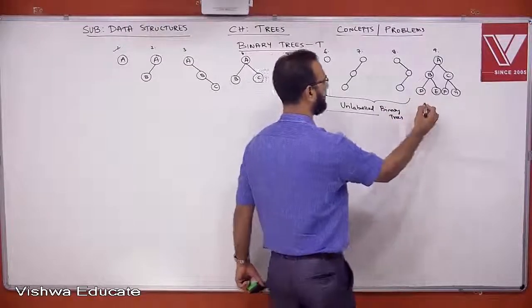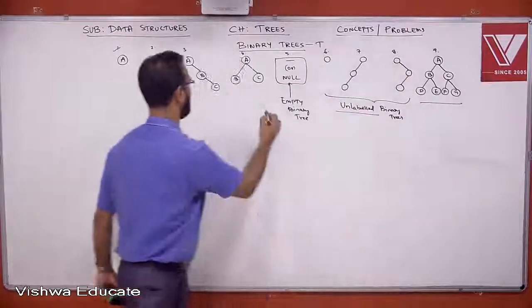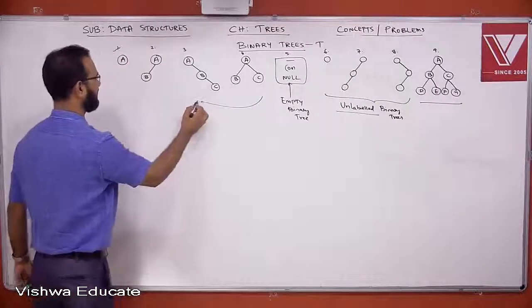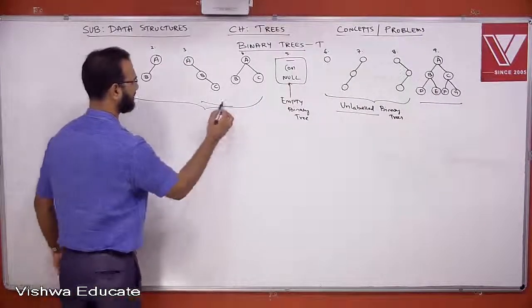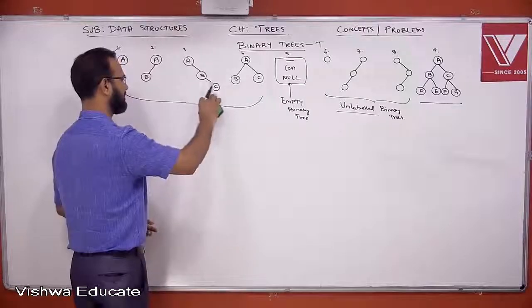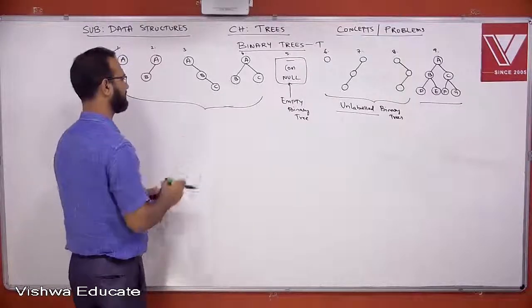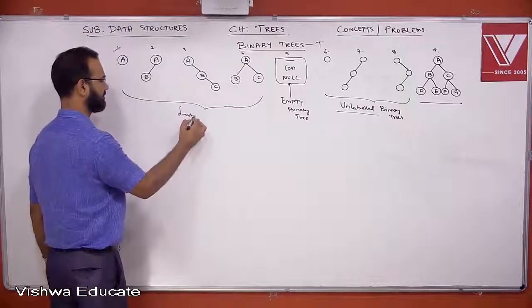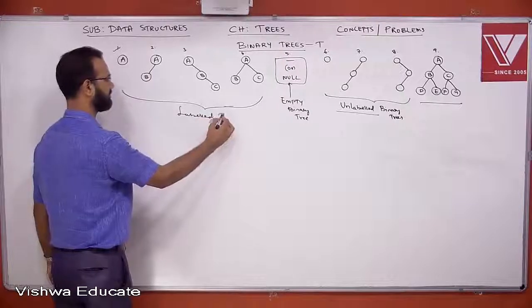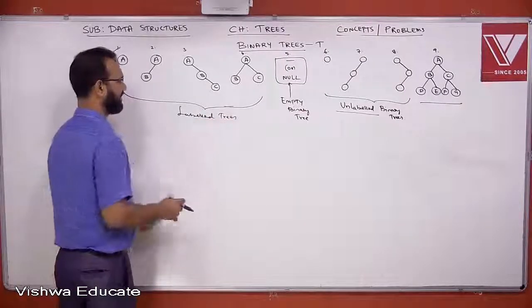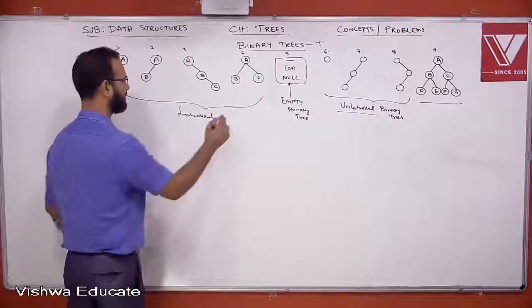The remaining part all comes under the labeled ones. Labeled binary trees, I'll call them.